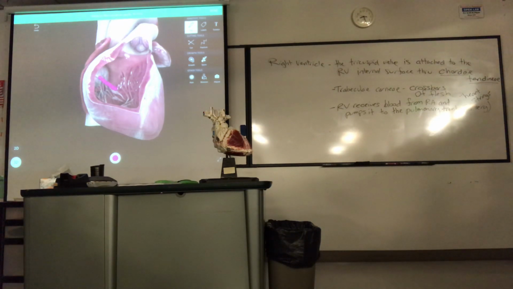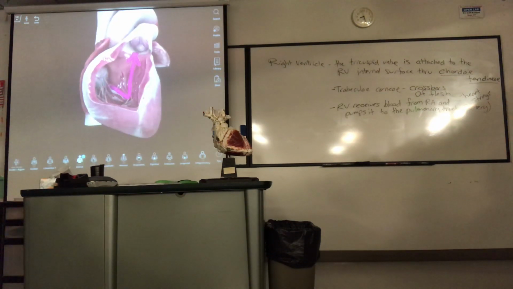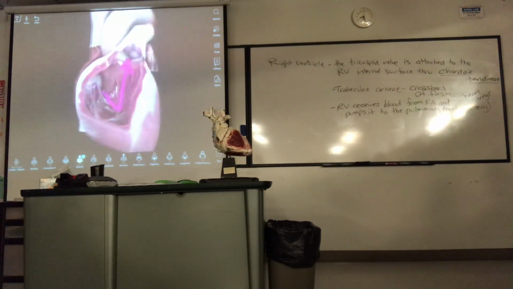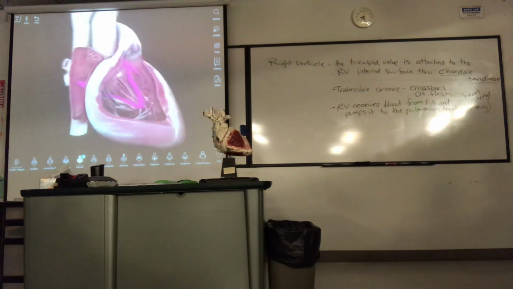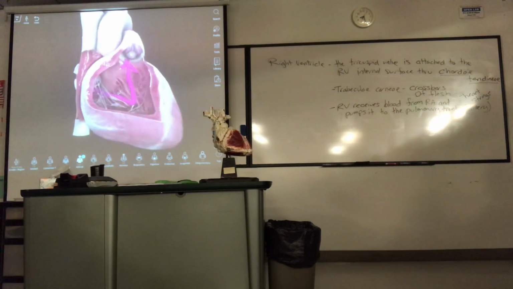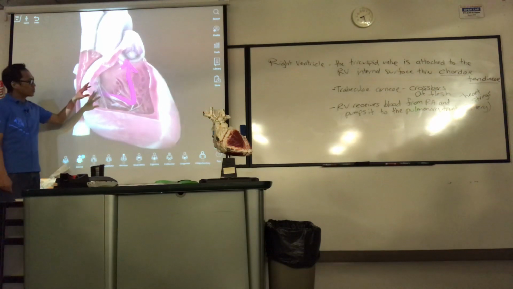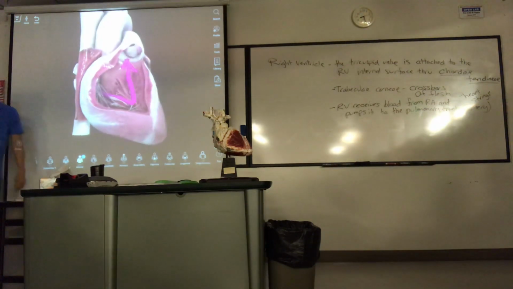And then it flows up. So that's kind of the pathway of blood flow, right? It kind of goes forward and then up. Now, the right ventricle, the shape is it kind of funnels.